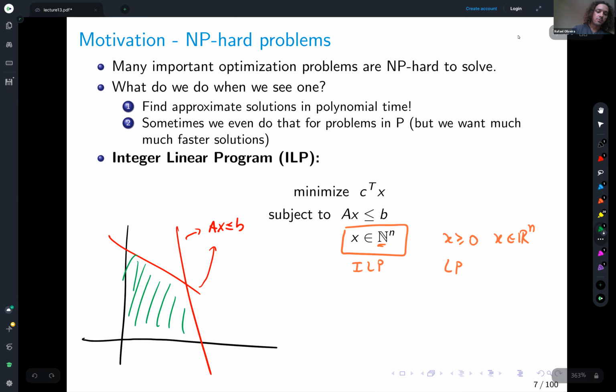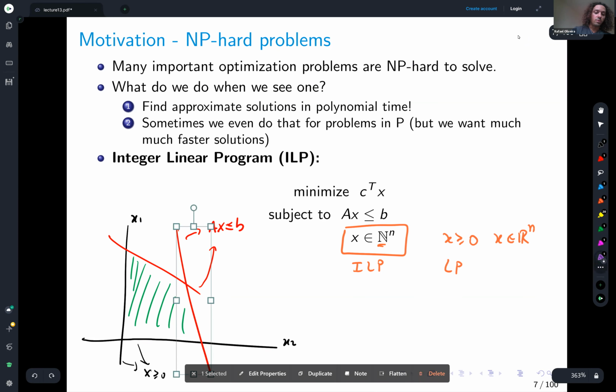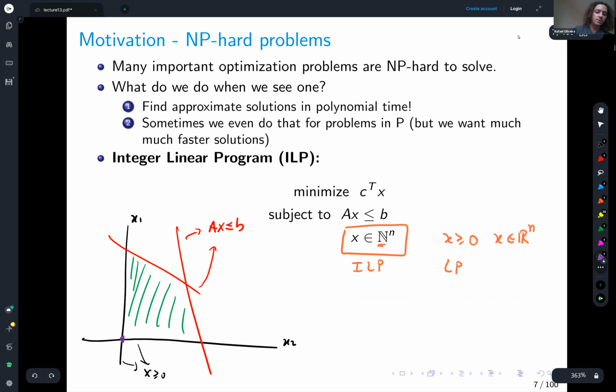Let's say we have two variables, x1 and x2. These constraints pinpoint exactly x greater or equal to 0. This would be a linear program. The region in green is the feasible region of a linear program, but in the integer program we need to count only the integral points. So we would be talking about the integral points here.